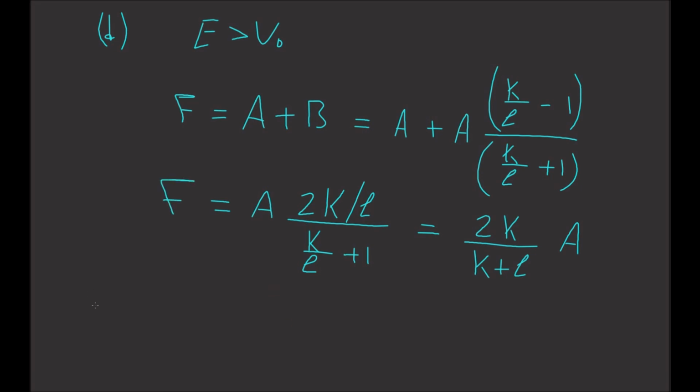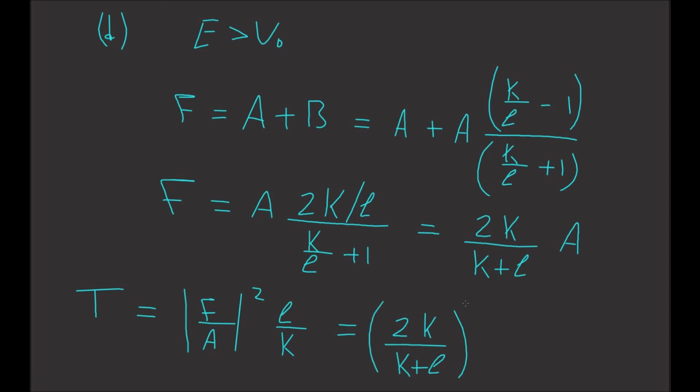So now finally T, the transmission coefficient, is equal to F over A modulus squared times L over K, which is the same as 2 times K divided by K plus L, squared, times L over K. Let's just do simple algebra.